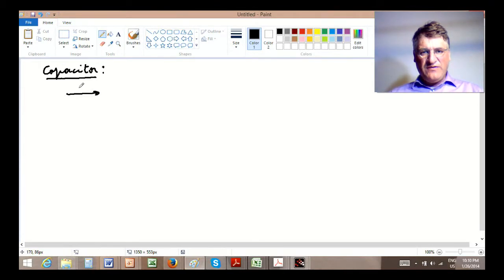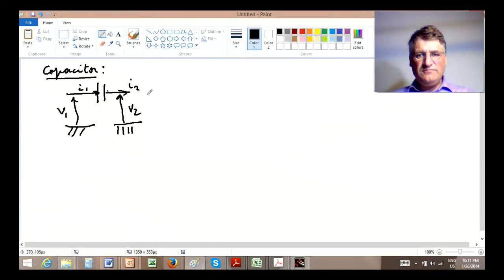You have I1 as the input intensity, I2 as the output intensity, and then likewise we have V1 and V2 as the voltages at the input and the output of the system.